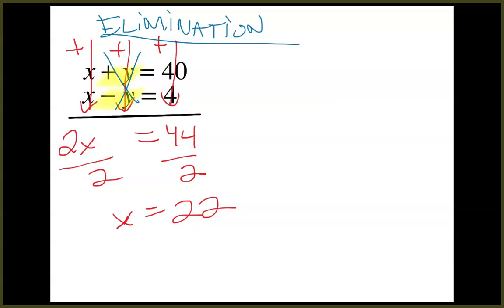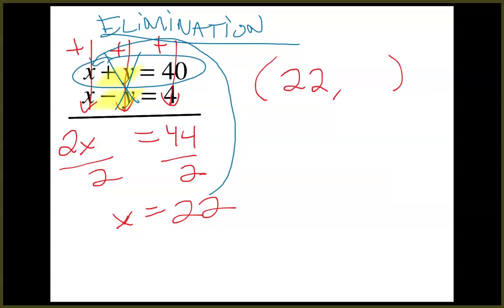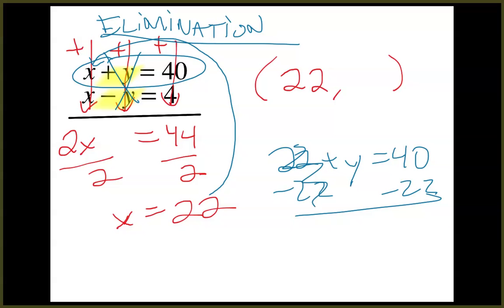Now, to solve this problem, we know we have to have the y part. So how do you find the y part? Well, you take the 22, you plug it in for x, and we're going to do like a substitution thing here. So 22 plus y equals 40, and now you just subtract 22 from both sides, and you get y equals 18.